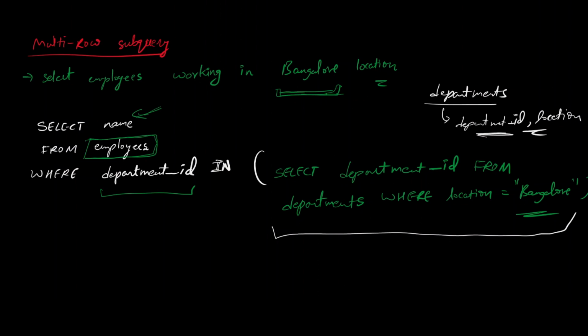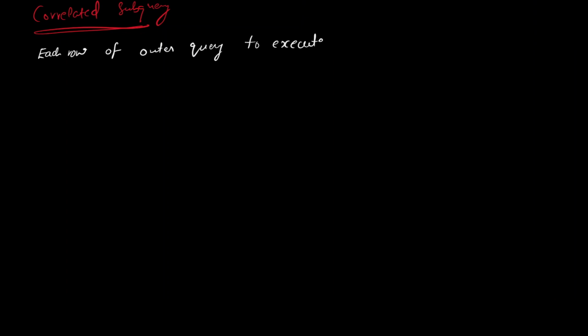Next, we are going to talk about the correlated subquery. Let me write down what a correlated subquery is. A correlated subquery uses each row of the outer query to execute the subquery. For example, we have an employees table and we are trying to select employees whose salary is higher than the average salary of their own department. Let me write down the query.